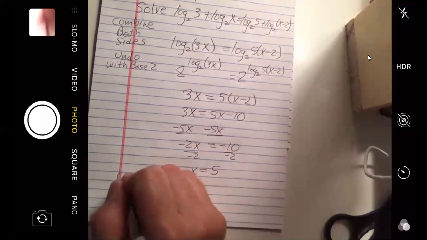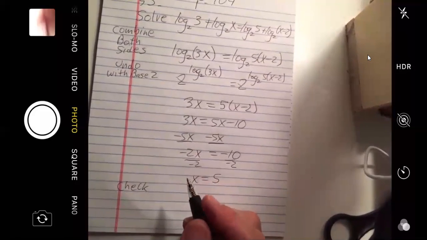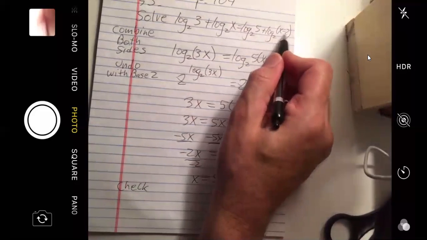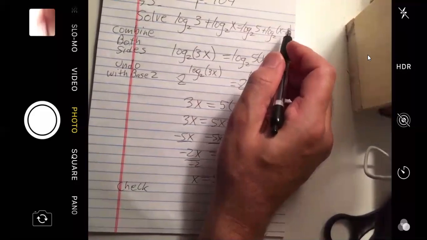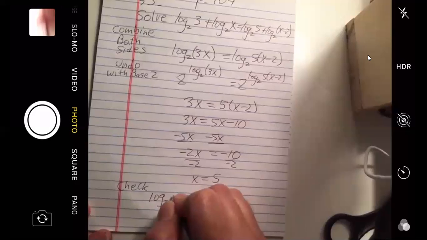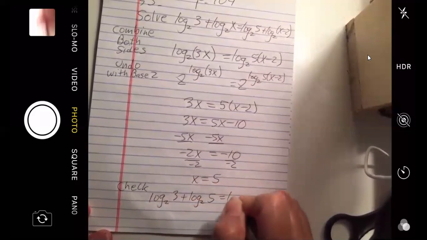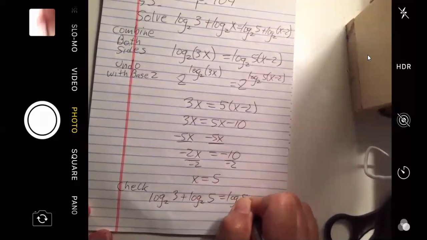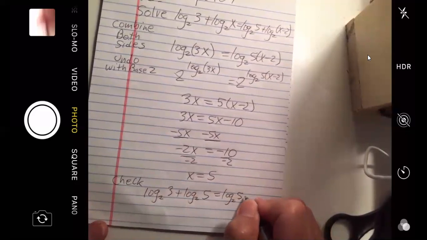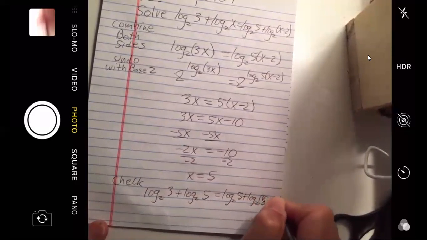We could check. You could really check in your head, but it's tough to teach what I'm seeing in my head. 5 there stays positive, and 5 minus 2 is 3, that's positive, it's legal. But just to write it out so everybody sees what I'm checking: 3 plus log base 2 of 5 equals log base 2 of 5 plus log base 2 of (5 minus 2).